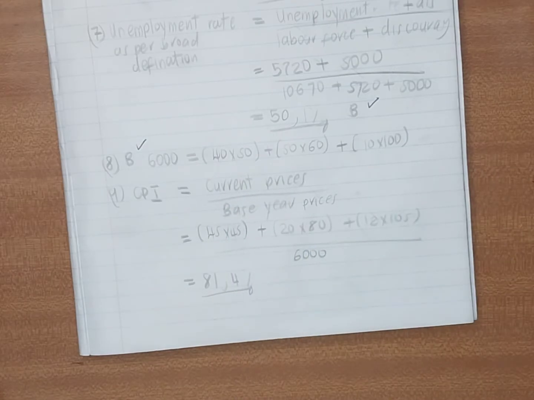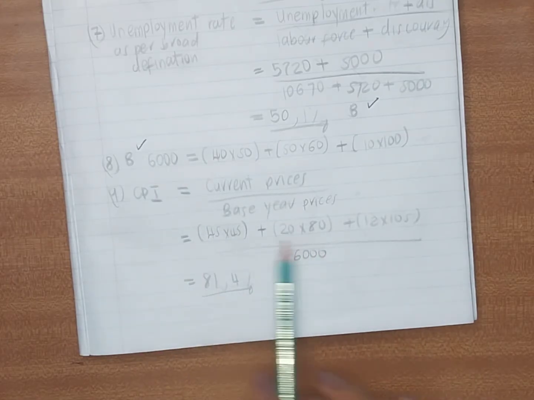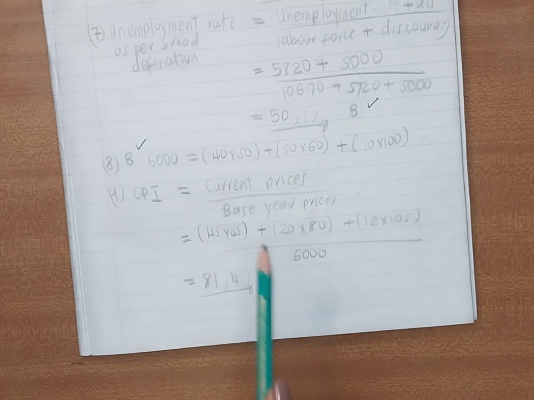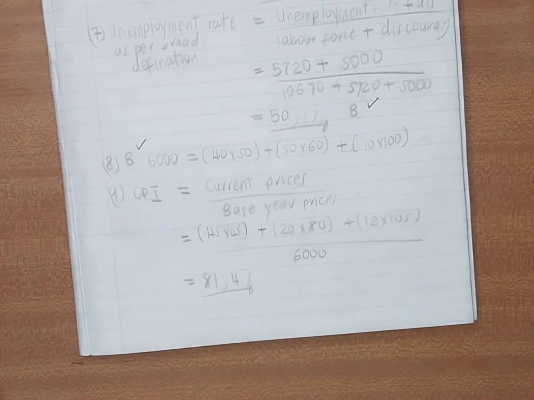They are asking for 2014, so I'm going to multiply the prices and the quantities of 2014, divided by the cost of my base year. What is the cost of my base year? 6,000, I already calculated it here. So it's over 6,000, but here I need to calculate my quantities of 2014 as well as their prices for 2014. If you do that, you will get 81.4.